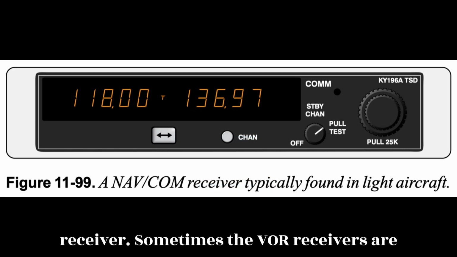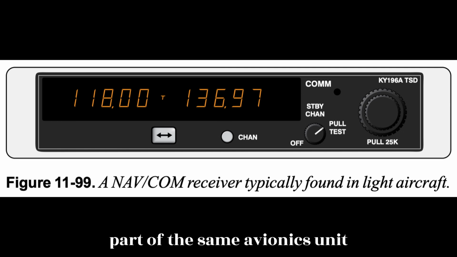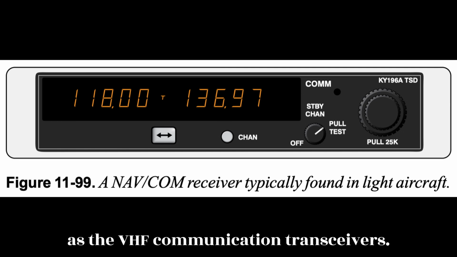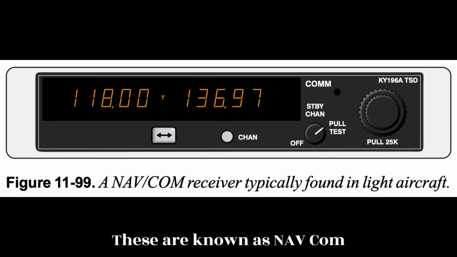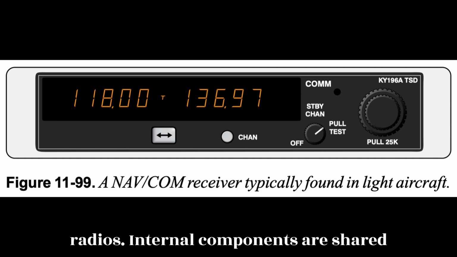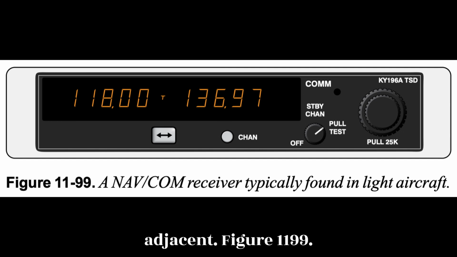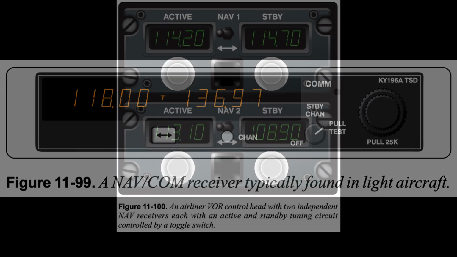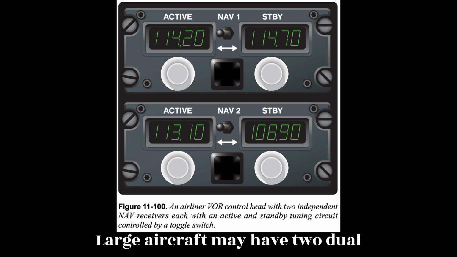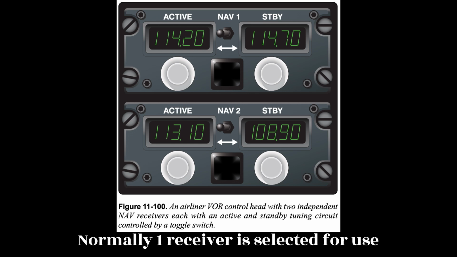Sometimes, the VOR receivers are part of the same avionics unit as the VHF communication transceivers. These are known as NAV/COM radios. Internal components are shared since frequency bands for each are adjacent. Figure 11.99. Large aircraft may have two dual receivers and even dual antennas.